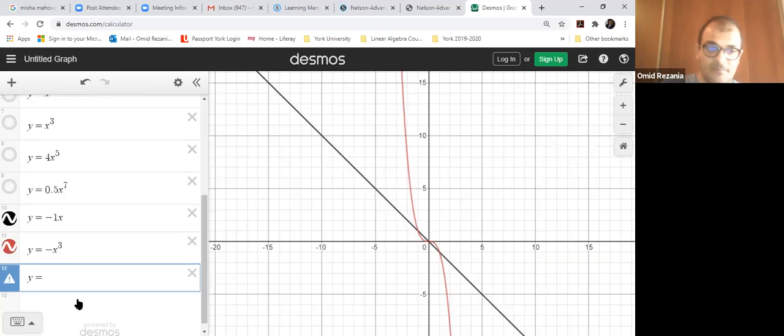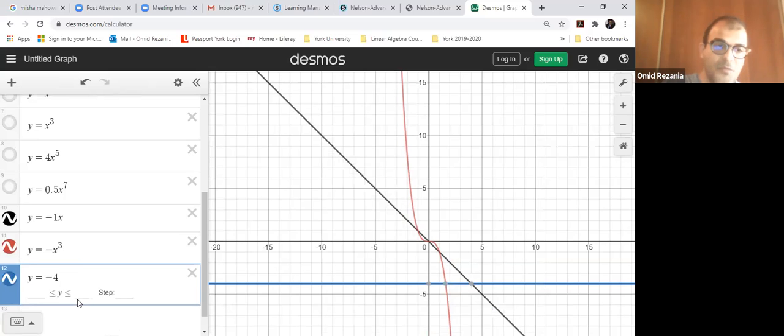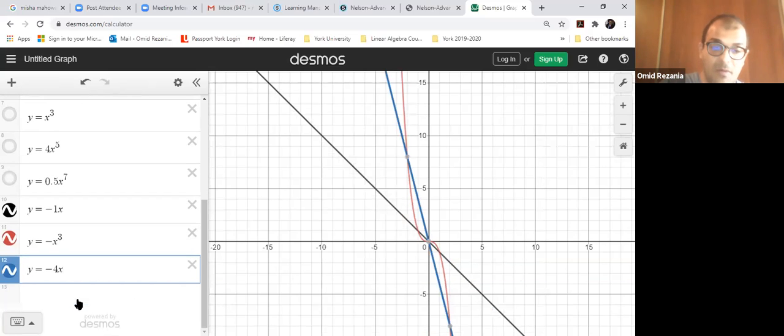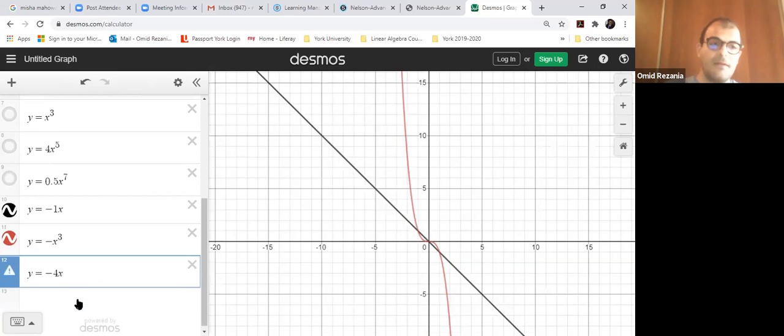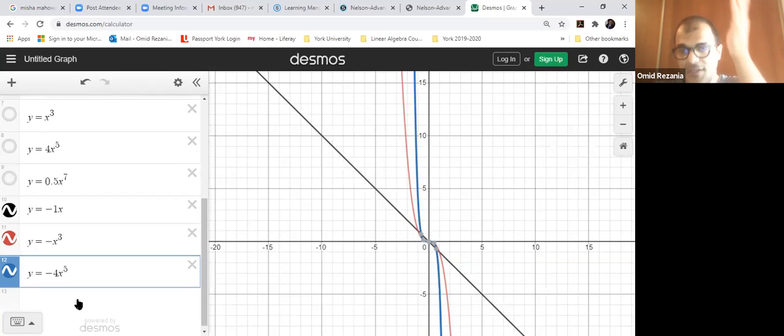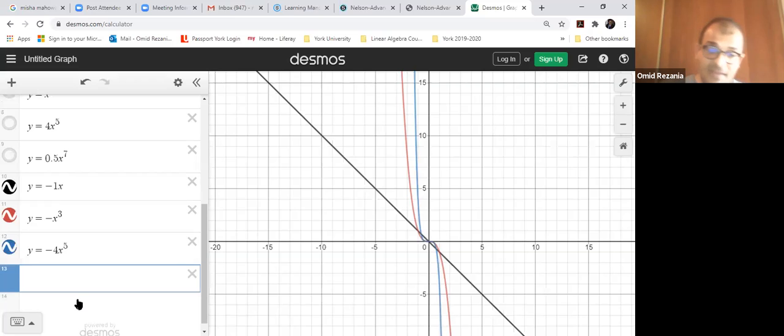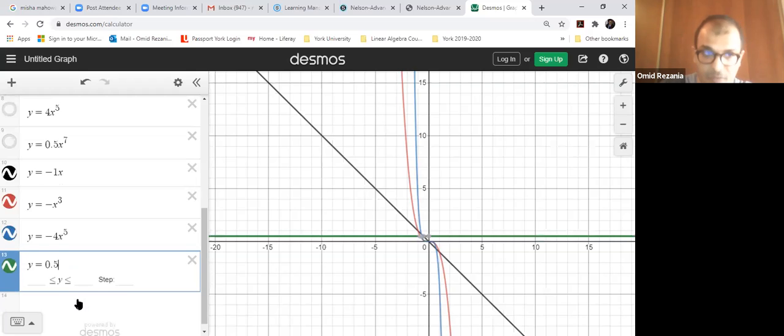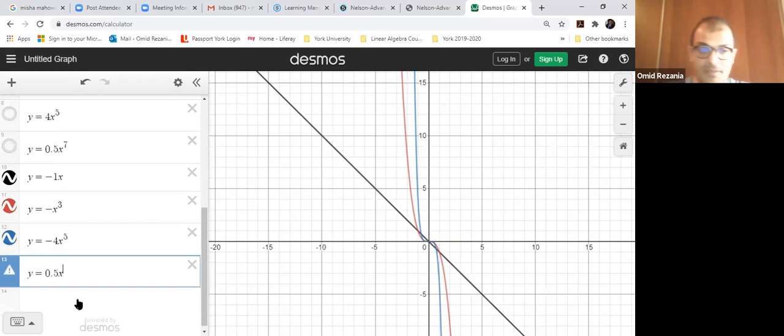Let's go to the next one. Let's go to the minus, let's say, for example, 4x to the power 5. The blue plot, you see again, it has the same characteristics. It occupies the second and the fourth quadrant. And now, as a very last example, the function is going to be 0.5 x to the power, an odd number, x^7.